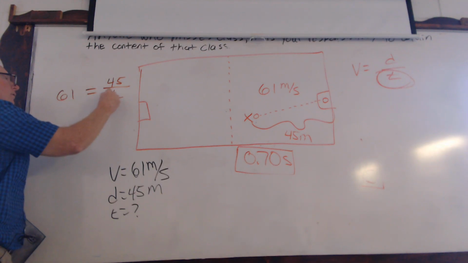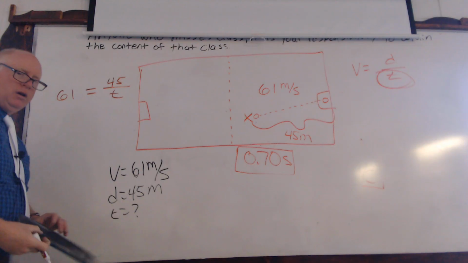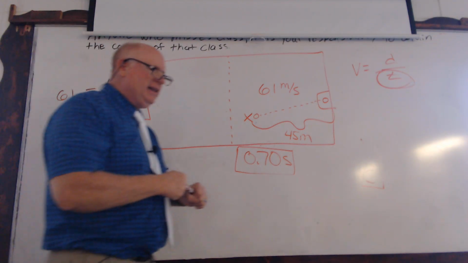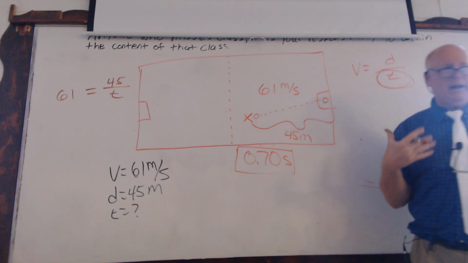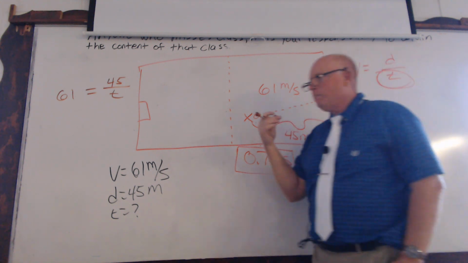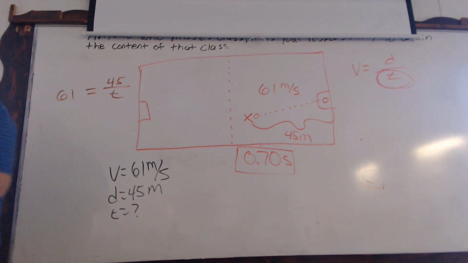Our unknown time, because remember, we're comparing to that value. Okay, so just like last time, what is it that we can do to get rid of this fraction? We can cross multiply, which means what is 61 times t?